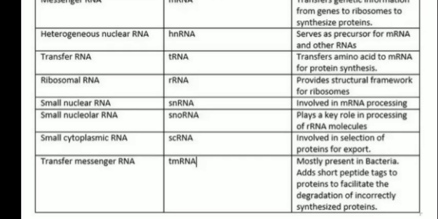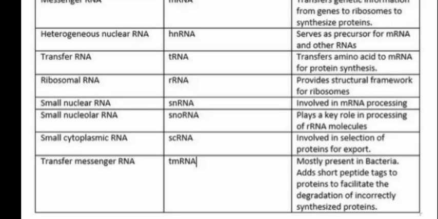These snRNAs are involved in mRNA processing. When mRNA plays a role in protein synthesis, the important role in the processing of this mRNA is played by the small nuclear RNA.